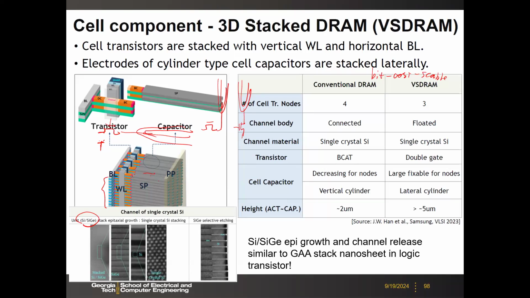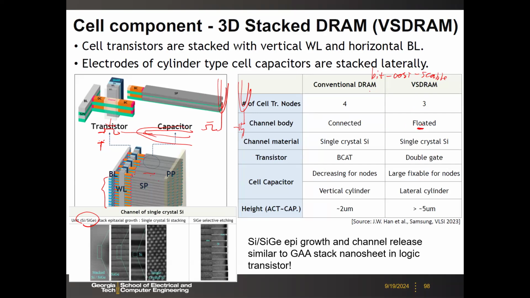And then here are some differences between the conventional DRAM and this vertical stacked DRAM. So one difference is that the channel, because now it's a stacked nanosheet, actually is floating, okay? There might be a floating body effect there if you don't engineer your junction very well.